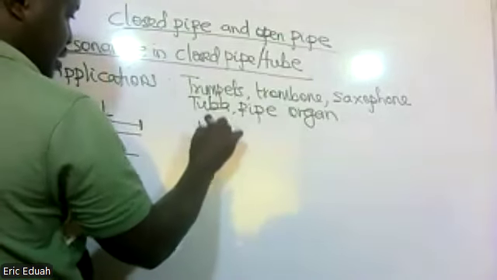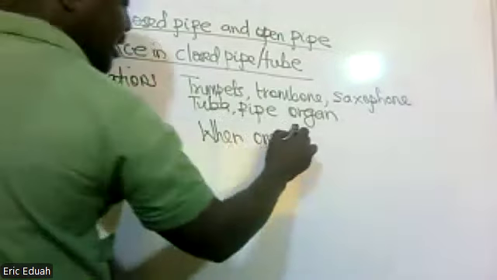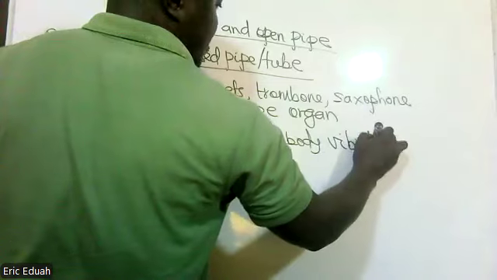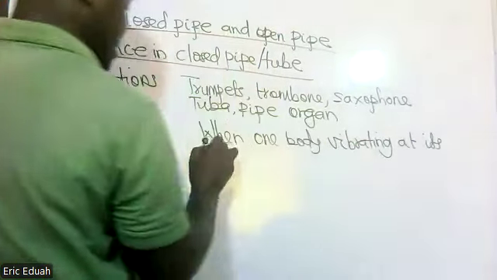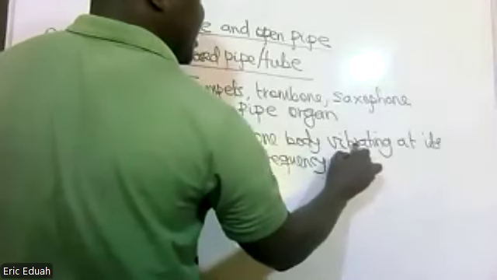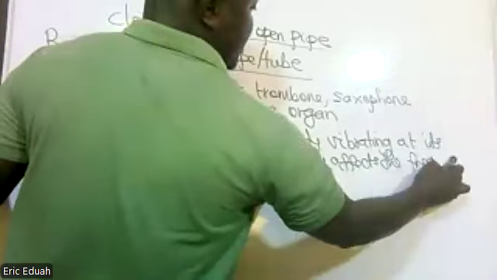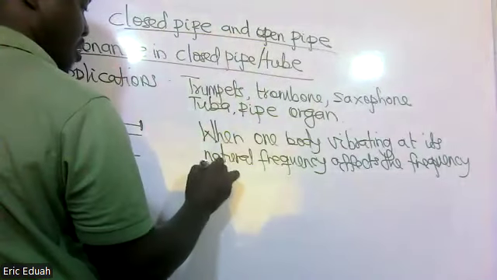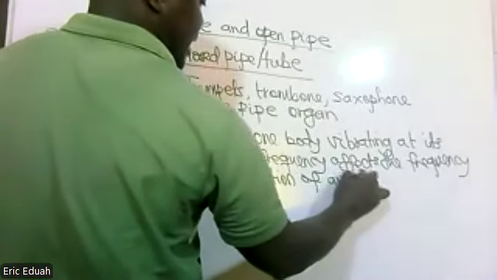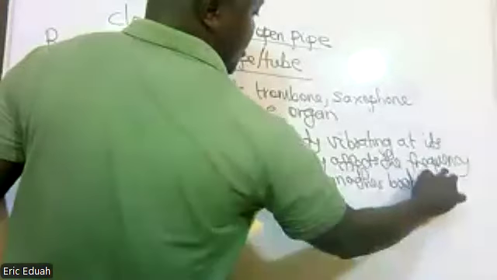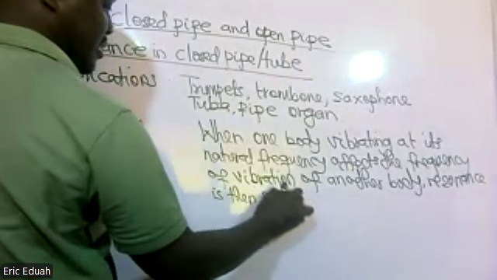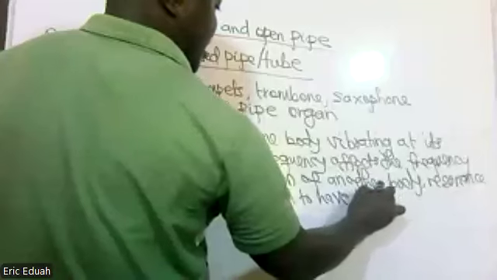When one body vibrating at its natural frequency affects the frequency of vibration of another body, resonance is then said to have taken place.